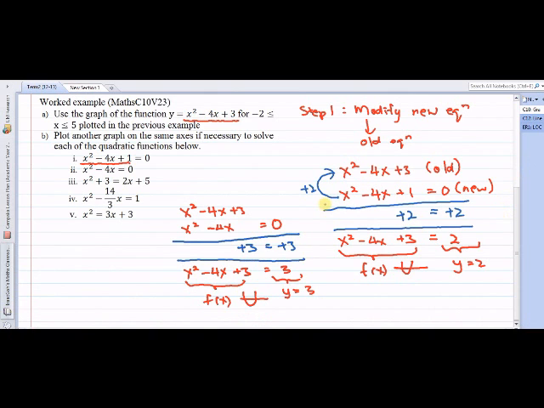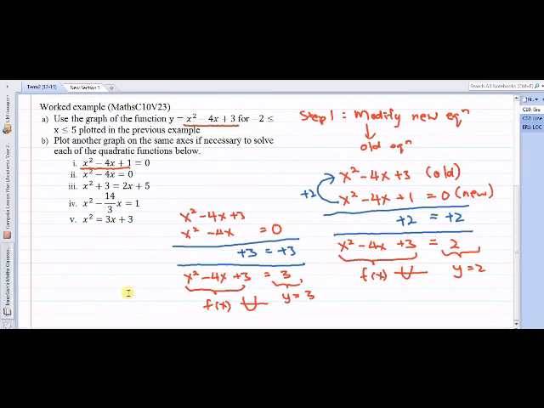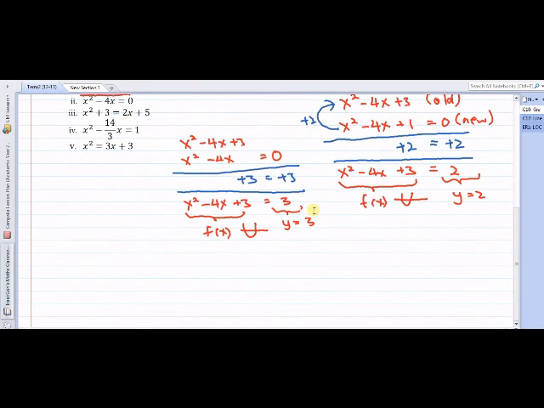What about the third equation? x squared plus 3 equals 2x plus 5. Same. We need to write the old equation just for comparison and write the new equation below the old equation. We have x squared plus 3 equals 2x plus 5.